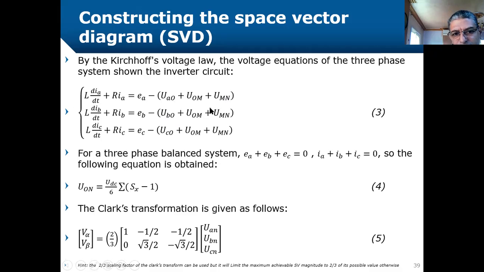If you subtract these voltages, we can express UA with respect to N and UB with respect to N. And after getting the ABC voltages, we can express them in the form of V alpha, V beta, according to the well-known transformation matrix like this. Note that the scaling factor should be considered, and if you put it here, it should be considered in the rest of the analysis.